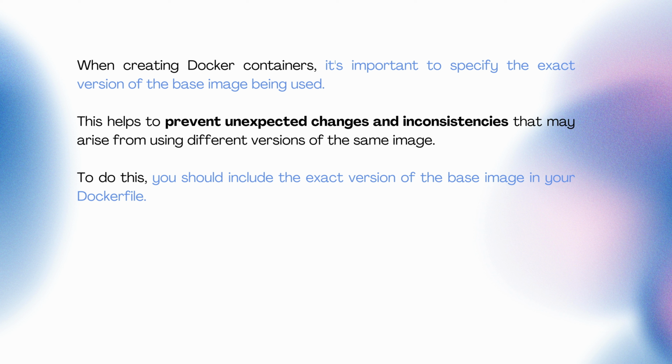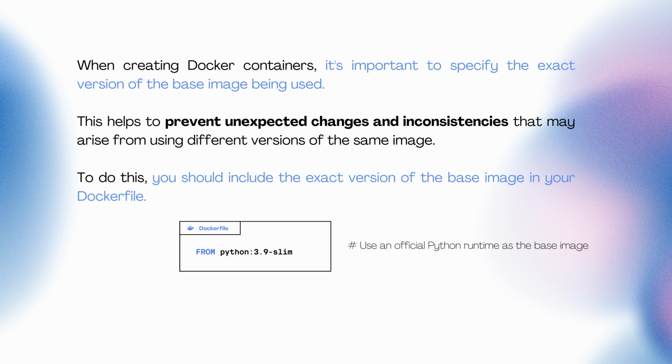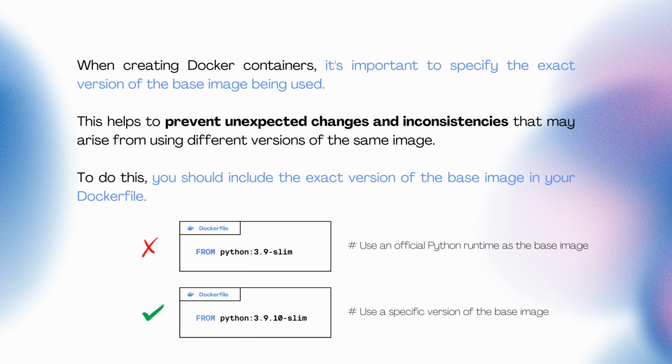So previously, we only had FROM python:3.9-slim. We will update this to a more specific version of the base image, which will be, in this case, FROM python:3.9.10-slim.